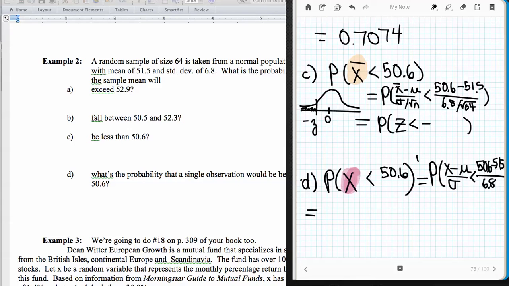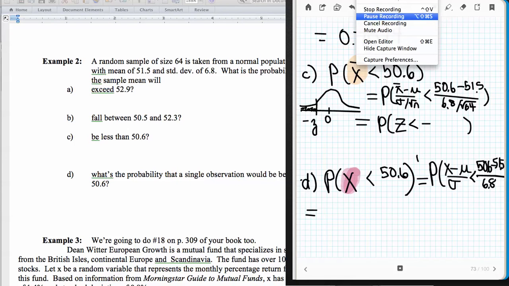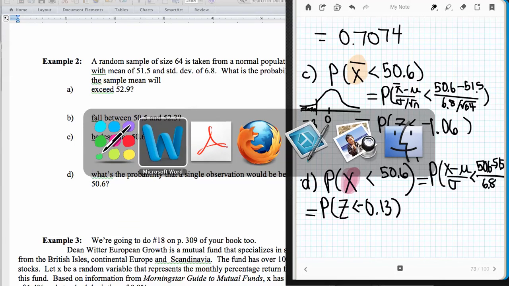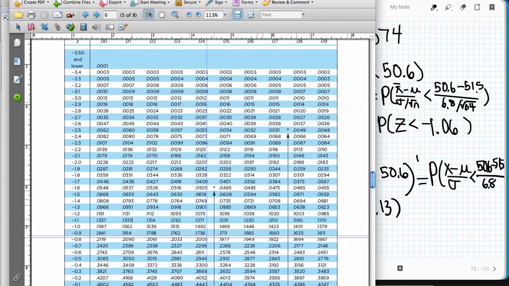So now I'm just going to pause and I'll go calculate these. What you see here is that the value for the average is negative 1.06, and this one's 0.13. So this one is much closer to 0, and this one's way out away from 0, which means our probability here is going to be much less than the probability here. Now we'll go look those up in our tables. Our table at negative 1.06 gives us 0.1446.